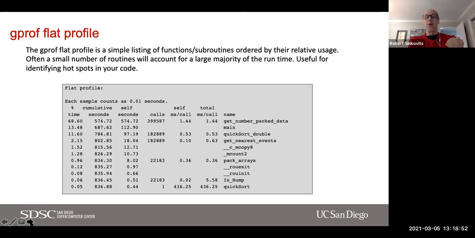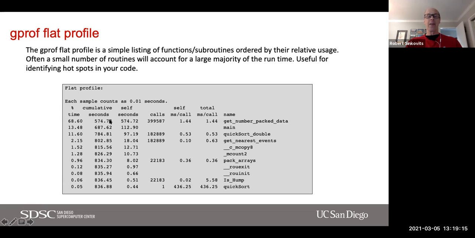So I got a hold of their code. I started profiling it, and we can see here, starting from the top, we have a routine called get number packed data. You can see in the first column, percent time. So that is the percentage of the time that is spent by that routine. The next two columns are going to be cumulative seconds and self seconds.